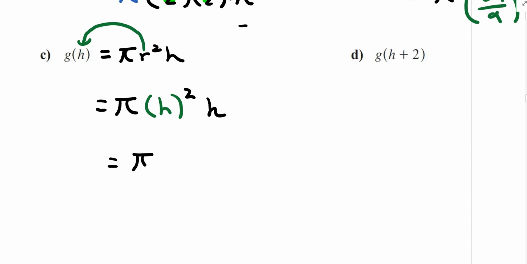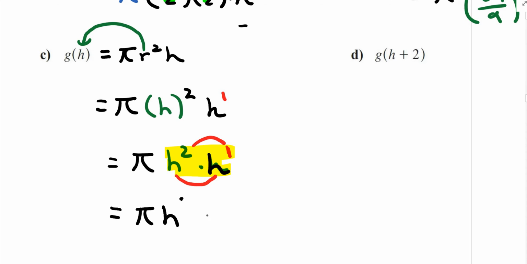And now this will be pi times, well, this is just h squared times a single h. Sorry, I put that in black. And really there's an invisible 1 here, right? If I take a look at this expression right here, when you're multiplying with the same bases, you just add the powers, right? So this will be pi times h to the power 3. And that's it. So pi times h cubed.